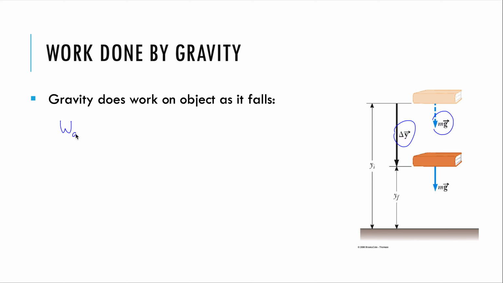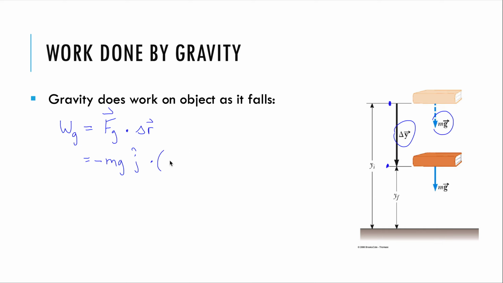The work done by gravity, call it W sub g, is equal to the force, which is the weight, dot product of the weight and delta R. So the weight is straight down, so we're going to say negative mg in the j direction, and delta R is still the final position minus the initial position. The book is going from here down to here.